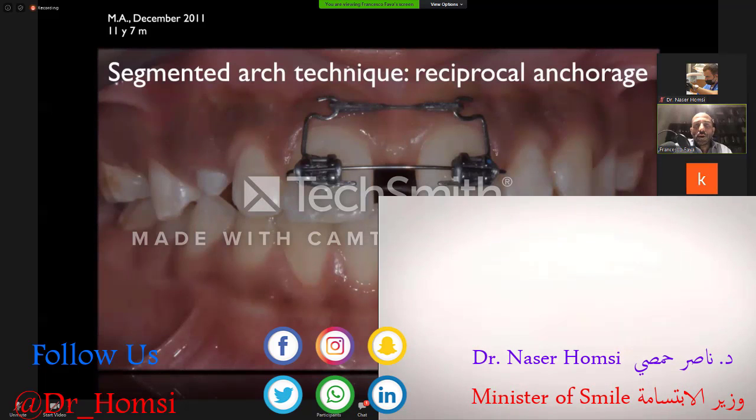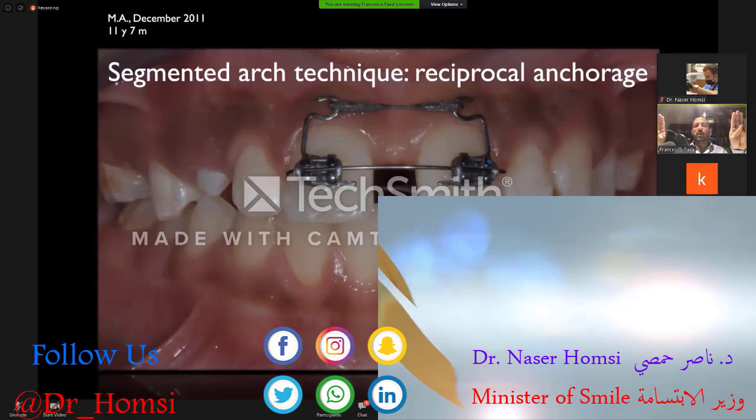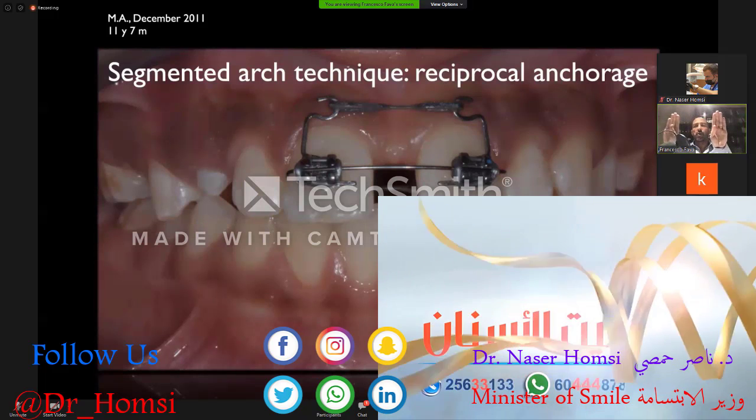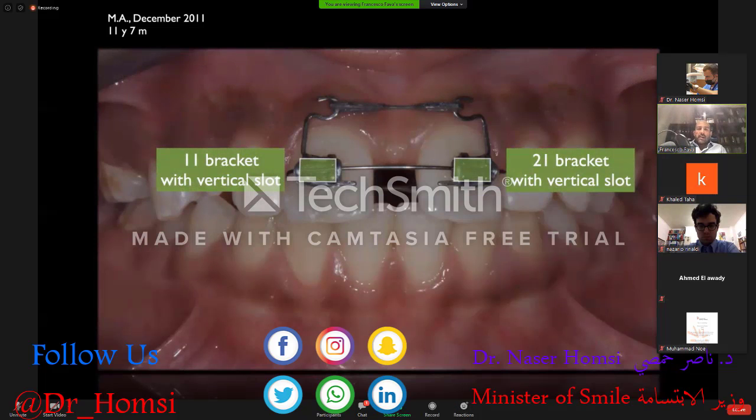We decided to use a basic segmentary technique with a reciprocal anchorage, meaning that both incisors go together, closing the diastema. I would like to show you the appliance. Very easy.